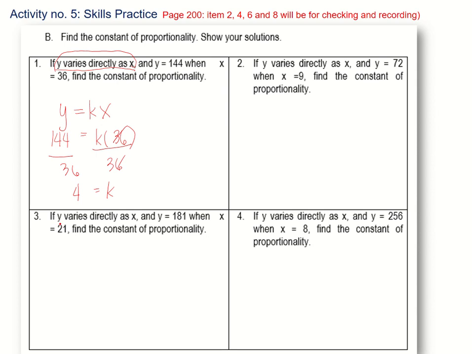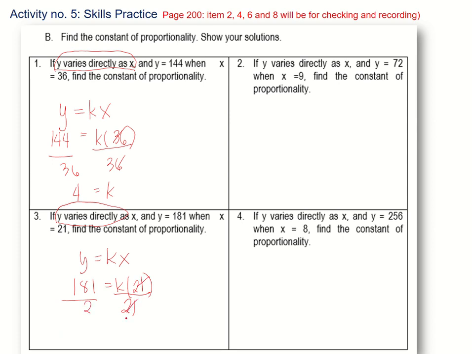We have still y varies directly as x. So we have here y varies directly as x. So when y is equal to 181, when x is equal to 21. So what's next? So we divide both sides now by 21.